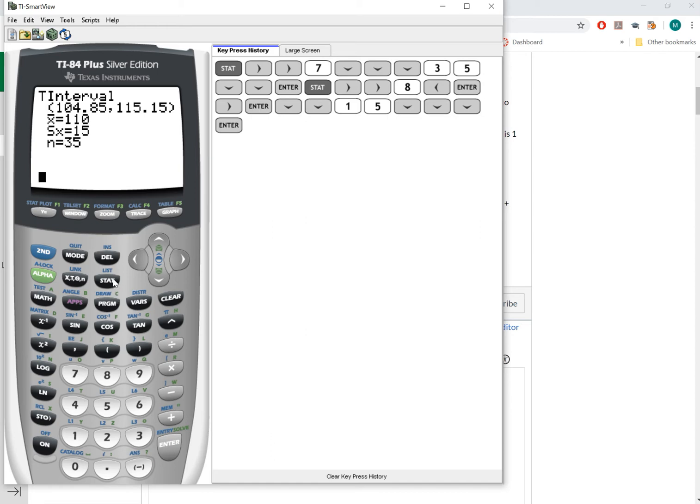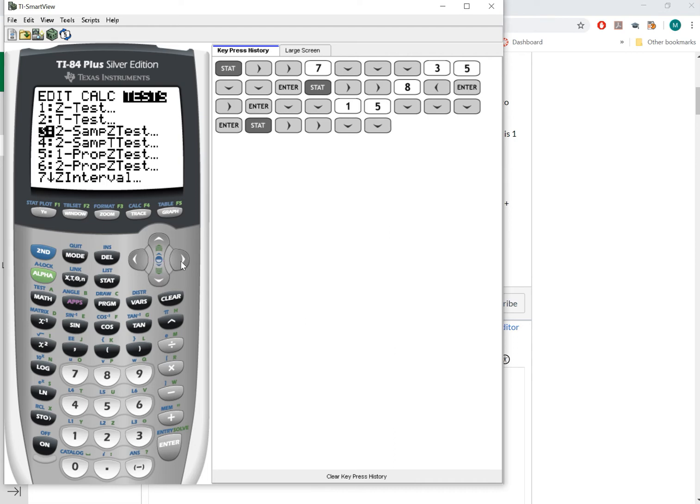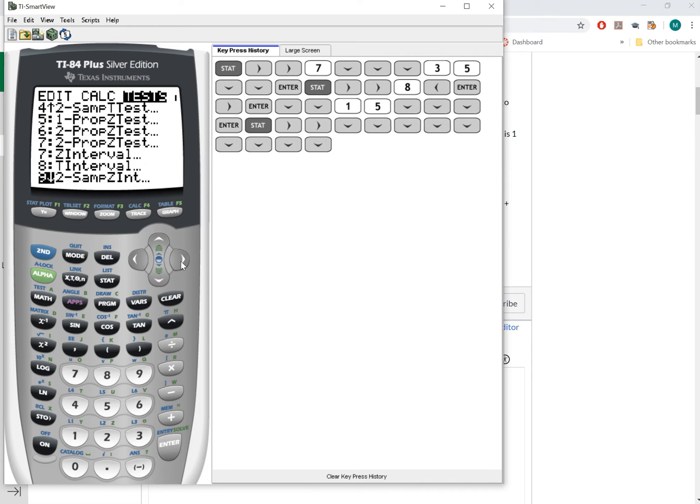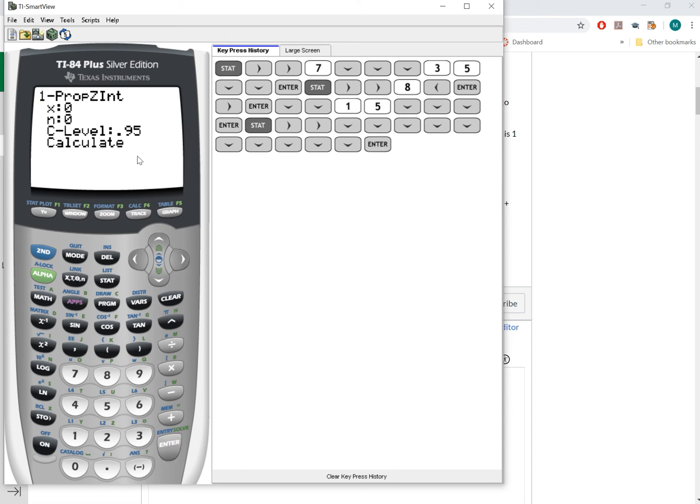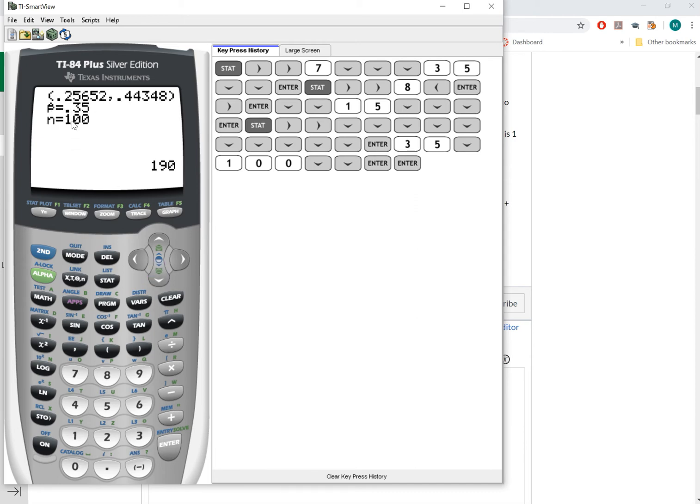The other tool that will come in really handy here, actually there's more than just one tool for this. But the next major point of interest is the 1-PropZInt. With the one proportion, all you need is p hat, or if you know what x is and what n is. So let's say I'm sampling 35 people out of 100, and I want to create a confidence interval to determine the proportion that is true to this particular sample.